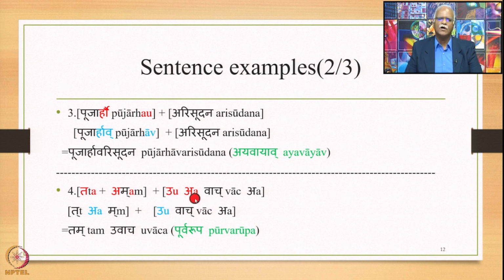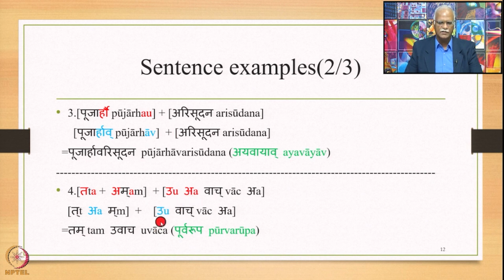So you have u, a, and then vacha and a, and since this a and this a are both within a pada, there is purva rupa sandhi that takes place, and so we have a as the one substitute. So t, a, m, tam, and u replacing both these vowels.